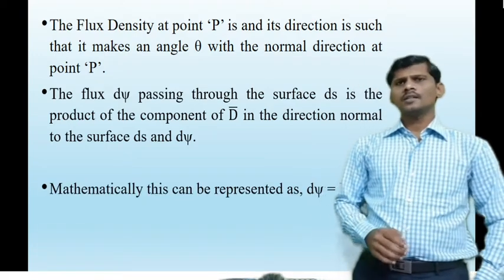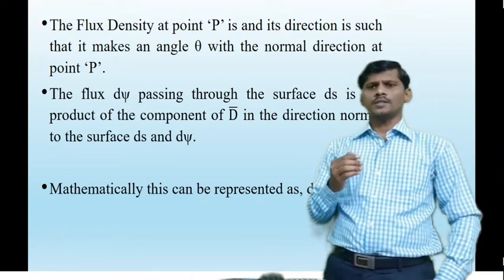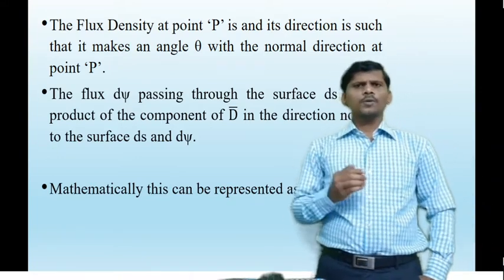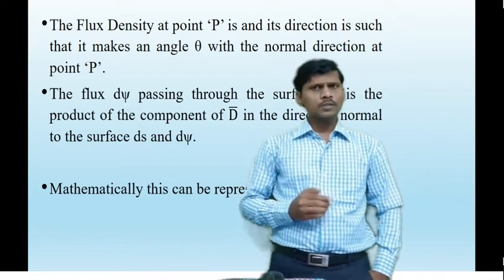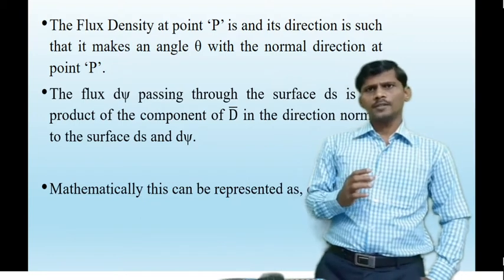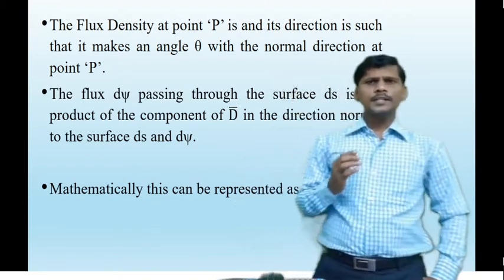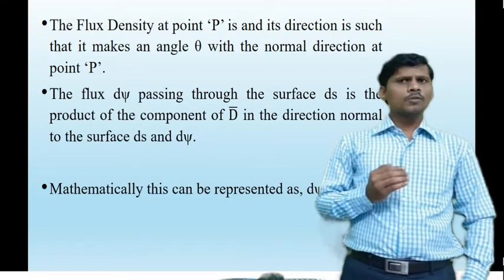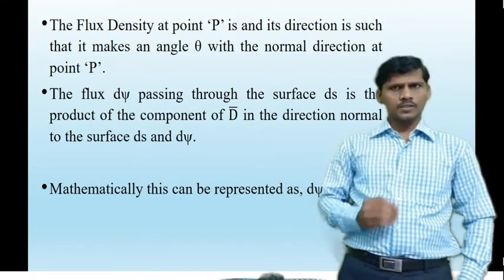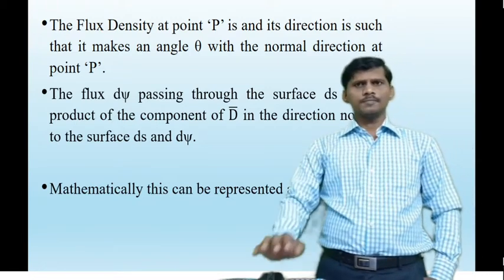Mathematically, the electric flux passing through the surface ds is the product of the component of D bar in the direction normal to the surface. That is, d psi equals Dn into ds, where Dn is the component of the electric flux density normal to the surface.